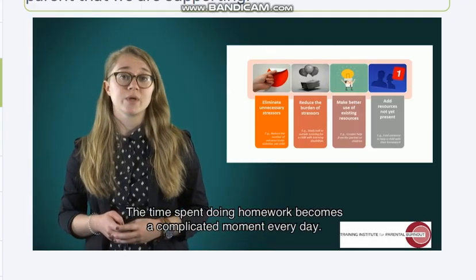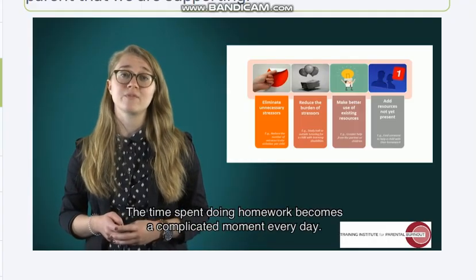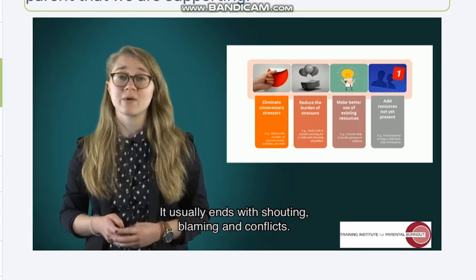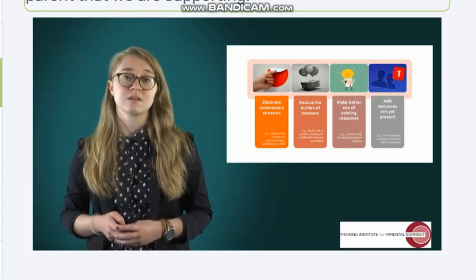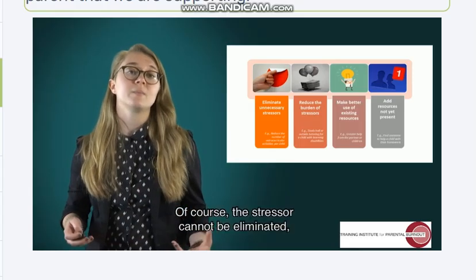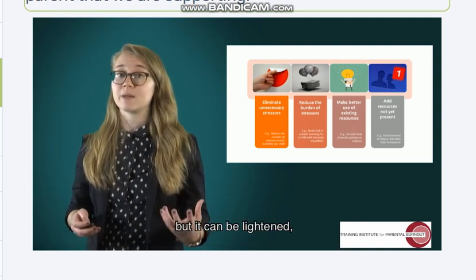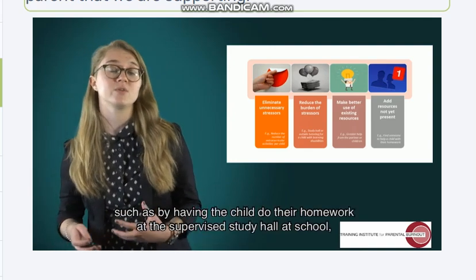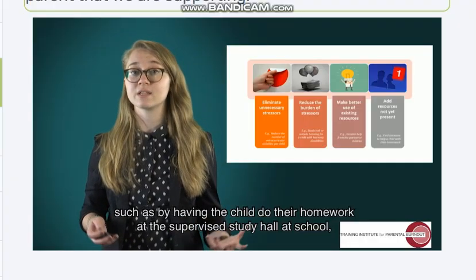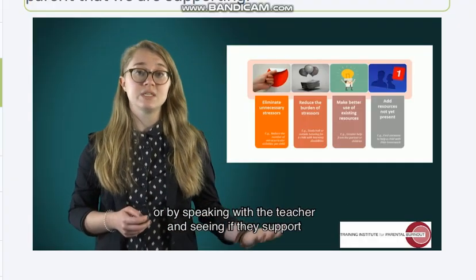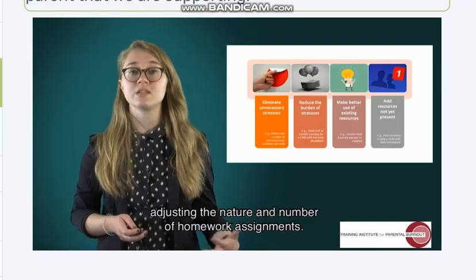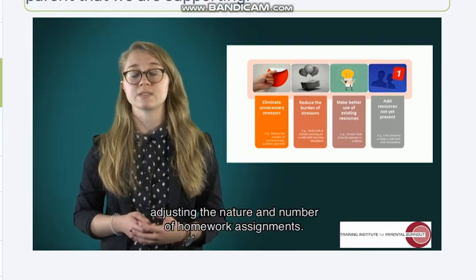The time spent doing homework becomes a complicated moment every day. It usually ends with shouting, blaming, and conflicts. Of course, the stressor cannot be eliminated, but it can be lightened, such as by having the child do their homework at the supervised study hall at school, or by speaking with the teacher and seeing if they support adjusting the nature and number of homework assignments.